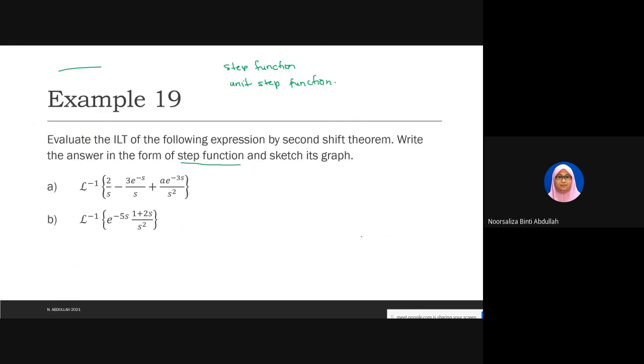Okay, next kita tengok B. You have to find the inverse for exponent minus 5s, 1 plus 2s over s square.